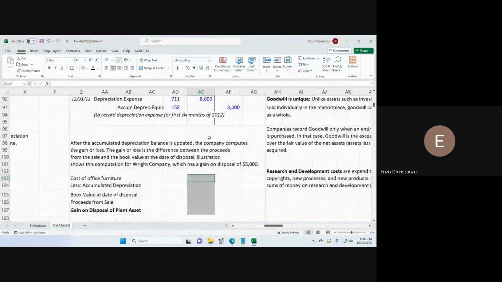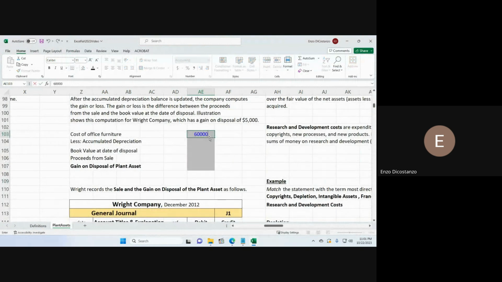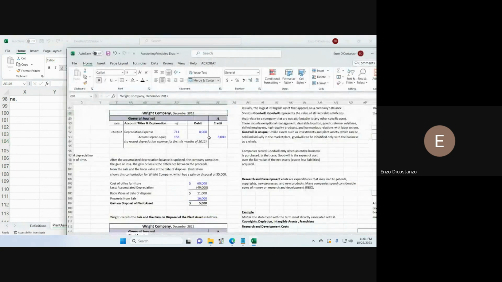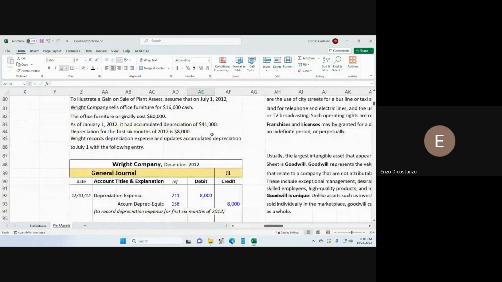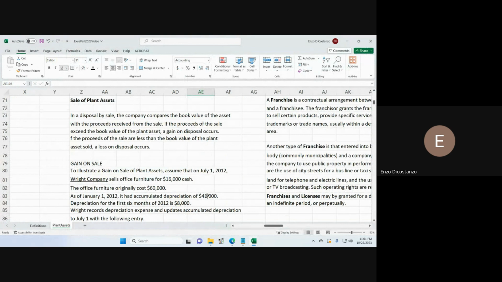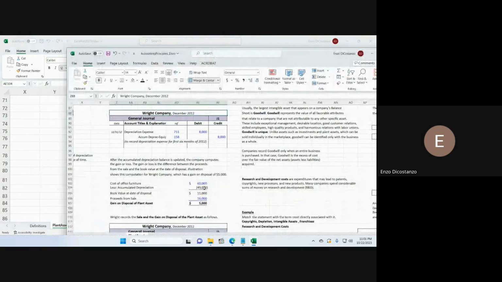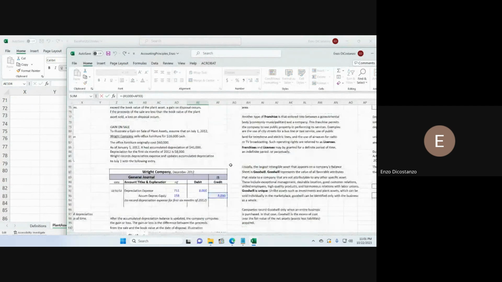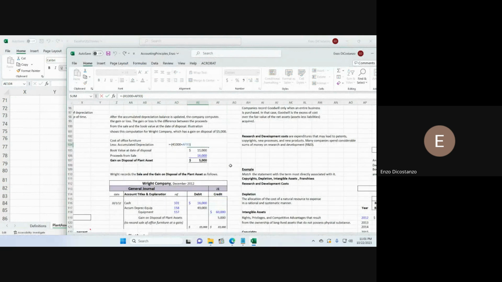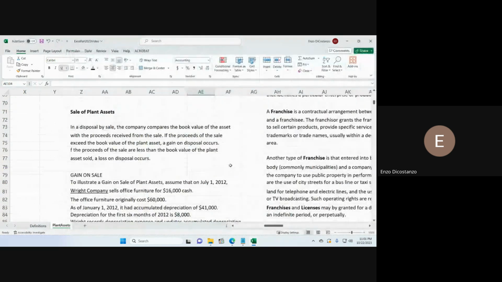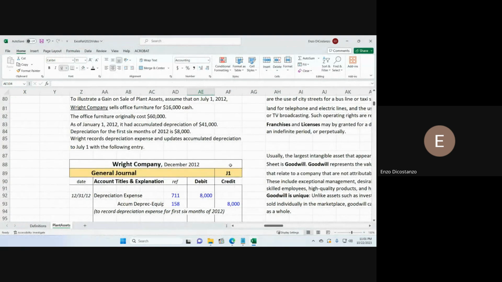Yeah, the original cost was 60,000, and the accumulated was 49. And how do you do that? Well, it says 41 here. How do we do it? Yeah, I mean we can just add it, but what you can do also is the following.